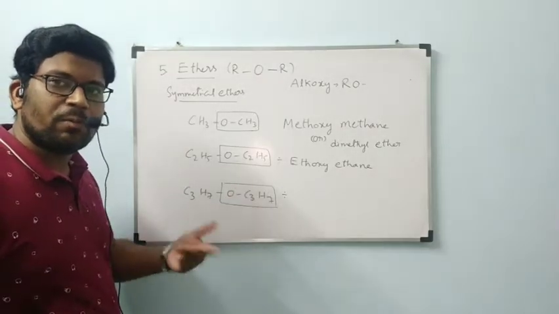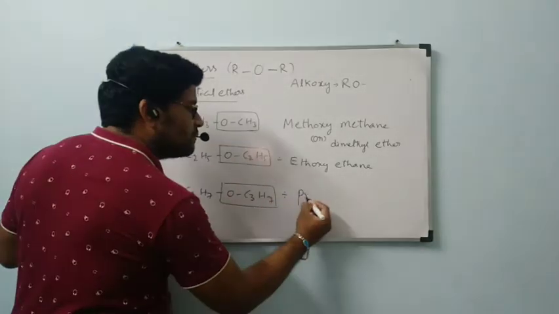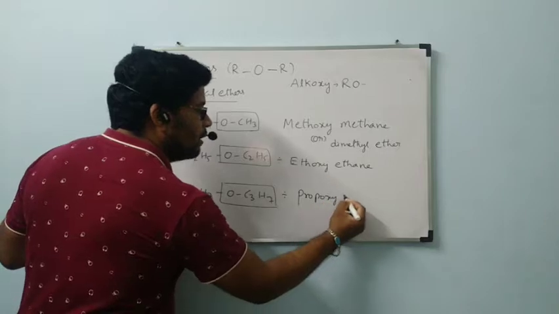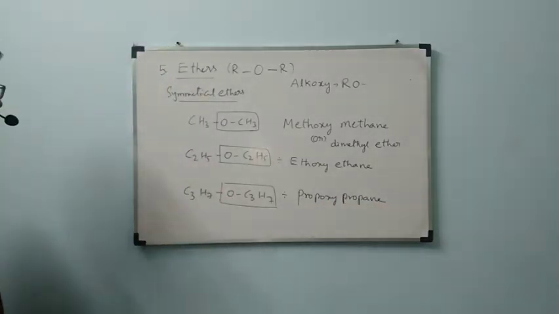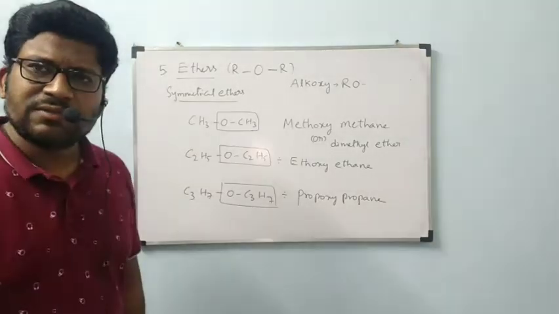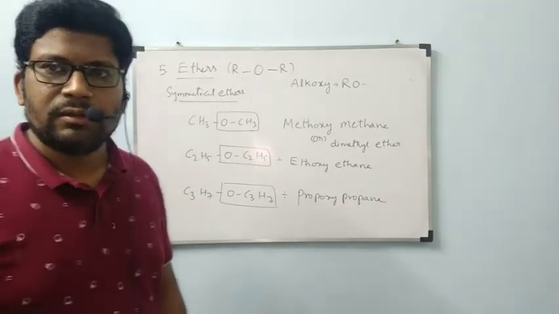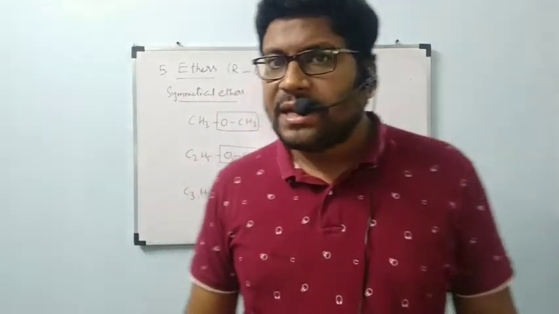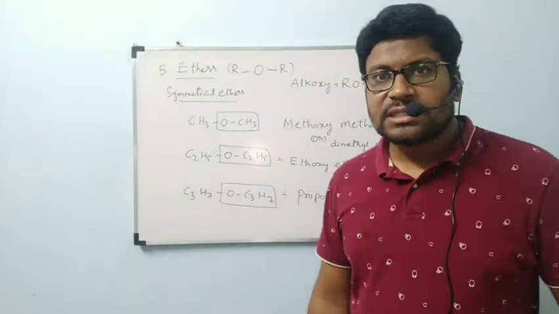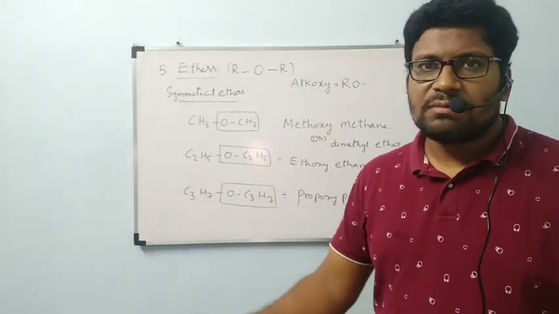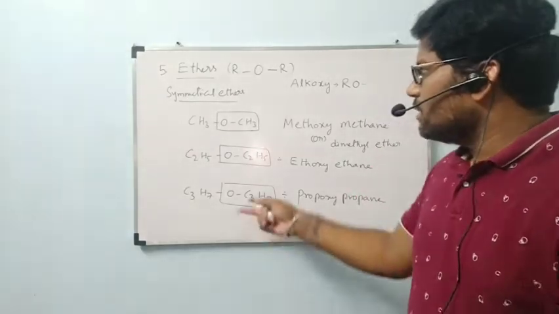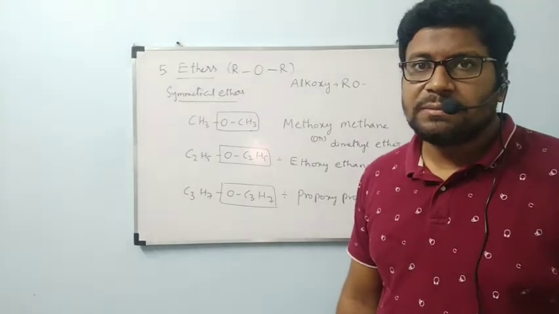Three, so propane. The name of this compound will be propoxypropane. Like this we will continue: butoxybutane, pentoxypentane, hexoxyhexane. Like that we can give any sort of name. In this way we have to give the names of symmetrical ethers.